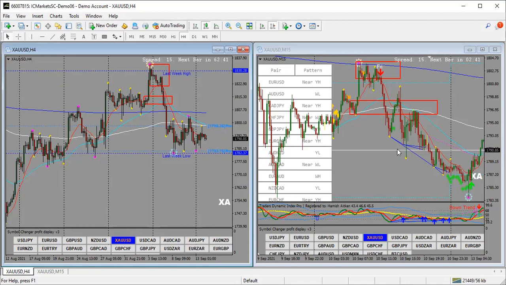From H4, sometimes it will test the breaker, and sometimes you see it at yesterday's high on M15. That's why I say sometimes, right?